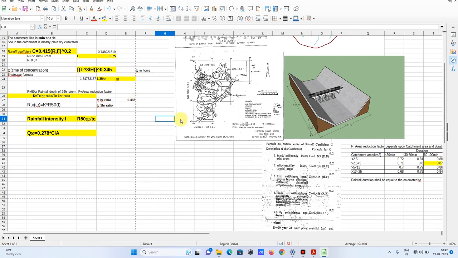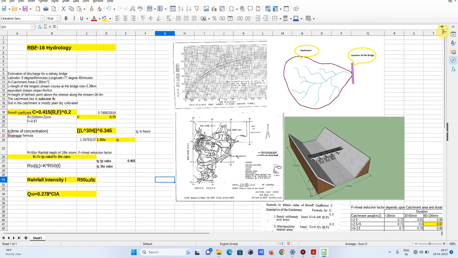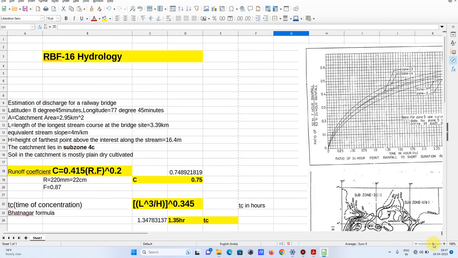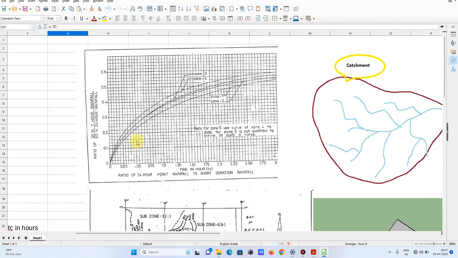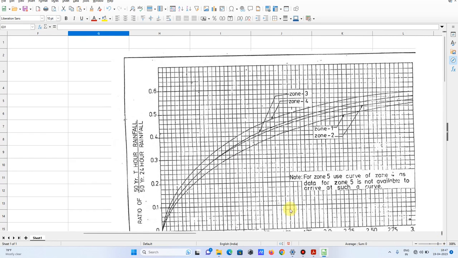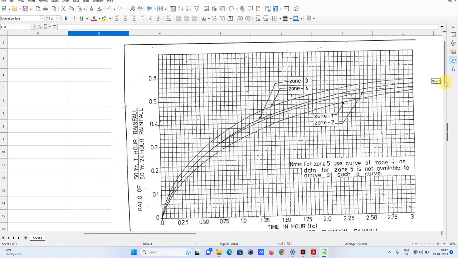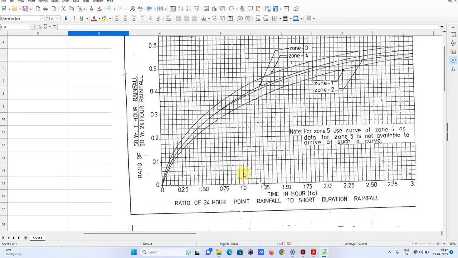So for TC 1 hour, we need to check the 1 hour duration of the TC. It is the same zone 4. I'll zoom in here. Okay, it's 1 hour. I locate it.